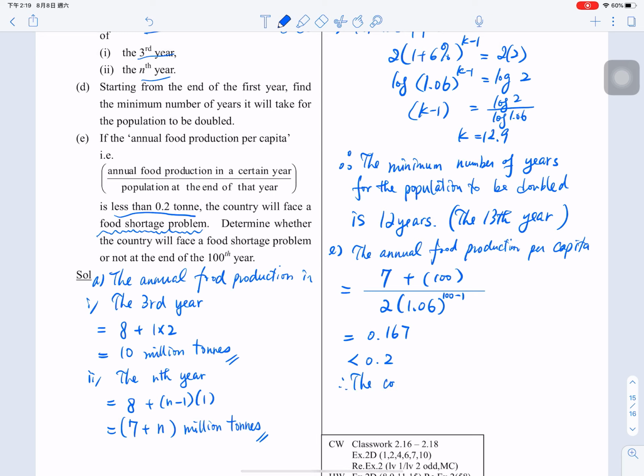So the country will face a food shortage problem. Because this one, after calculate, is less than 0.2 tons, then they will face a shortage problem.